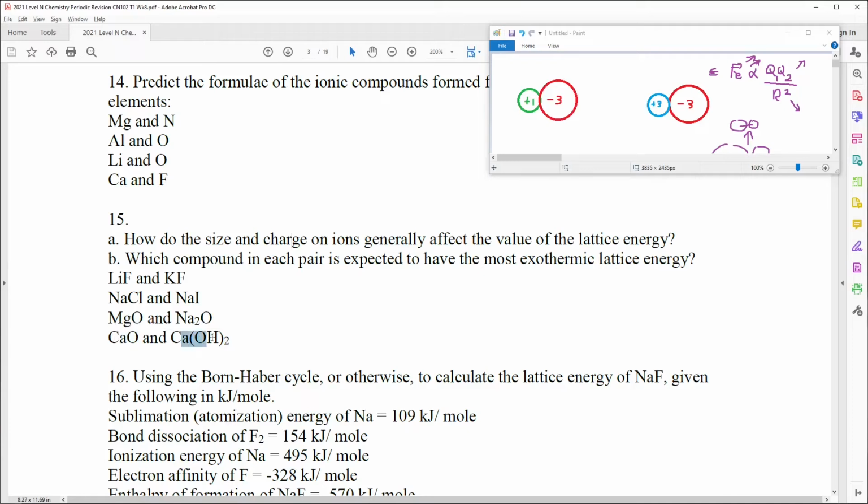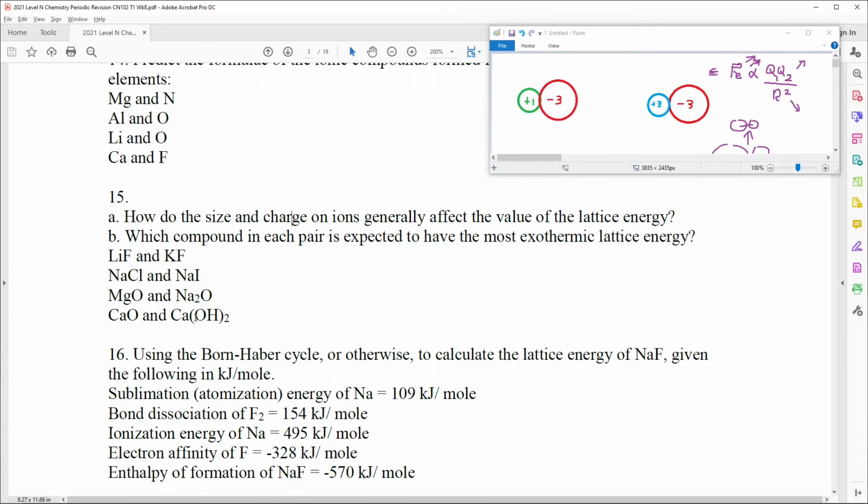So CaO and Ca(OH)2, same cation, you look at O and OH minus. This is O2-, this is OH-. Even if you have two, you're comparing them individually. So then again, the CaO is more exothermic than the other one.